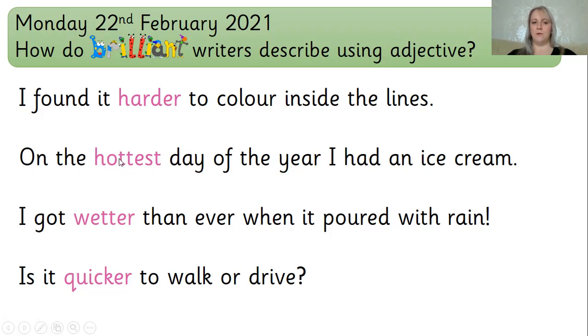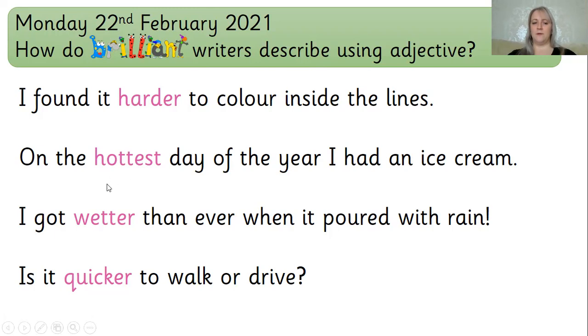And can you remember that rule I told you? I wonder if anybody spotted. Remember, if there's an a, i, o, or u, and only one letter after that sound, we need to add another letter before we add our suffix. So that's what's happened to this word here.